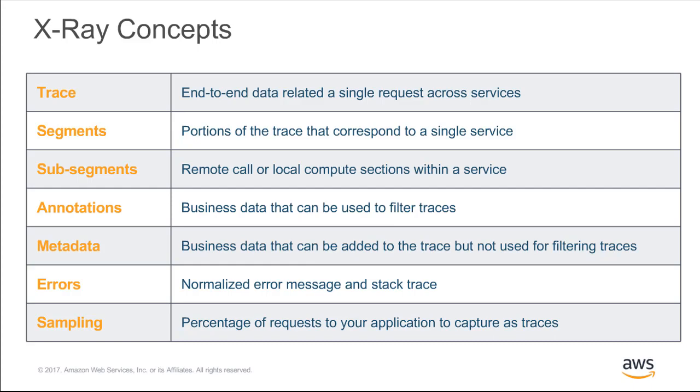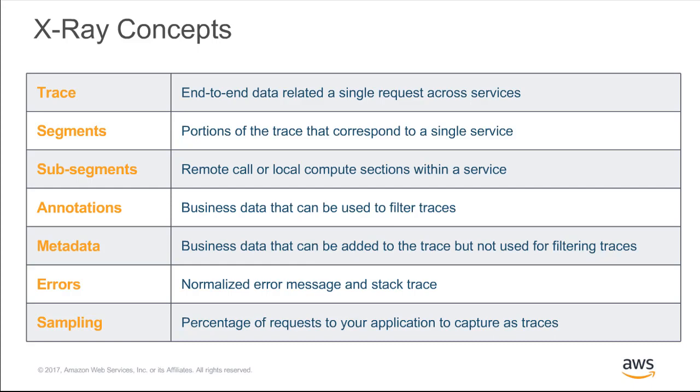The value of annotations is pretty rich in that you can apply business process data or business data to tracing, and then be able to use that to track back any impact in your application to users or to different clients. Similar to annotations, metadata is also business data that you can attach.